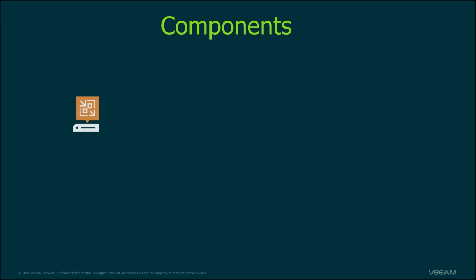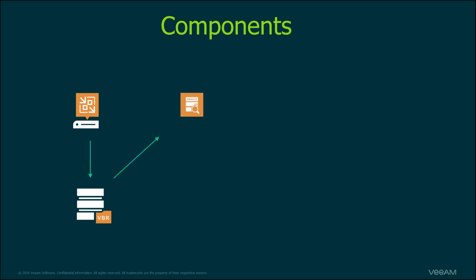Now, as always, there's a Veeam Backup server and a Veeam Backup repository. For a lot of these restores, we're simply going to mount the backup files once again and allow you to browse them through the Explorers and do your restore. For specific scenarios, you will need some additional components. For instance, there are a few scenarios with restoring Oracle in which you will need an Oracle staging server, as well as SharePoint and SQL.